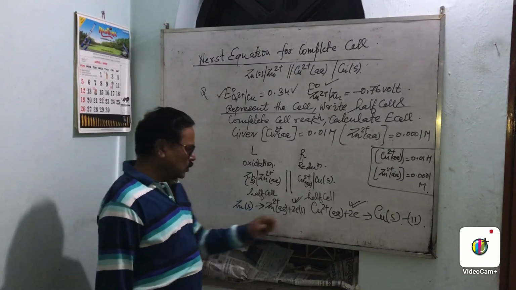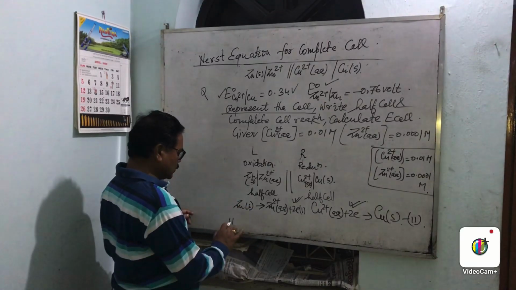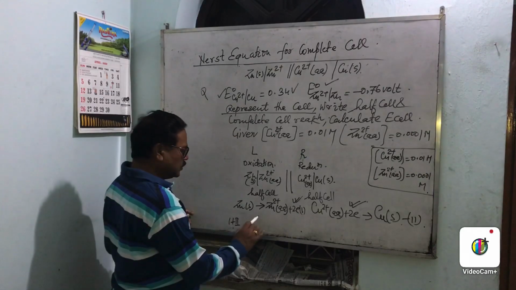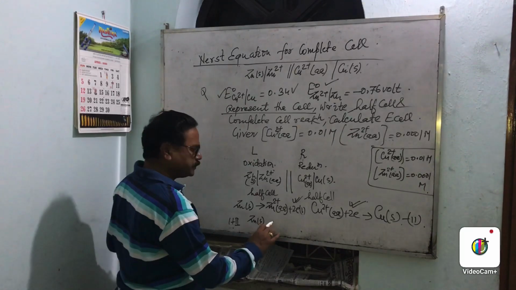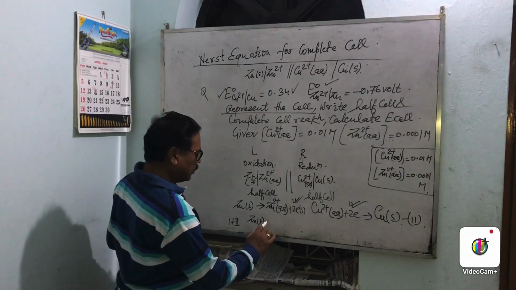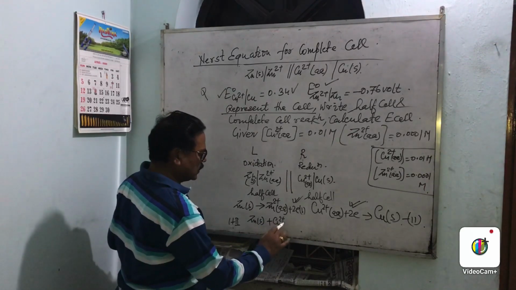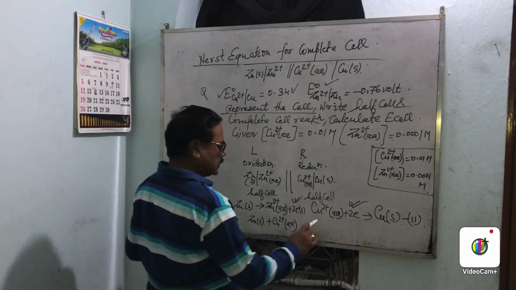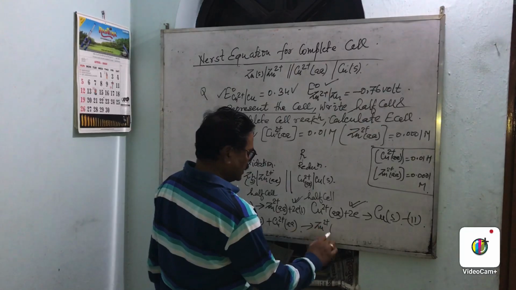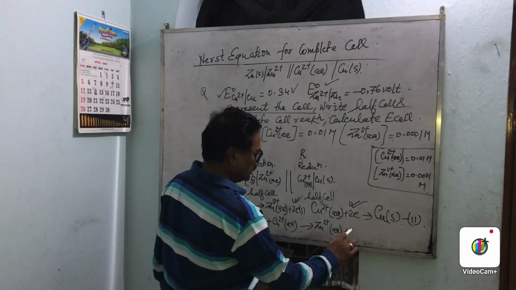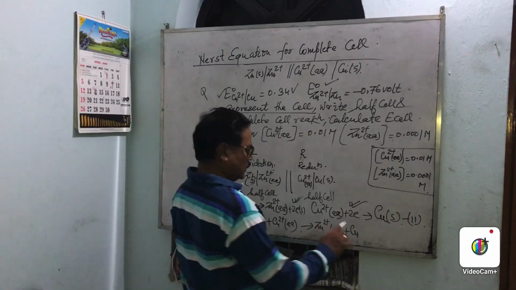So on adding, we get Zn solid and copper 2 plus aqueous giving Zn 2 plus aqueous and copper solid.